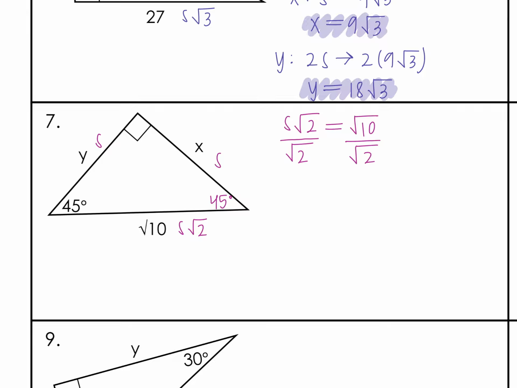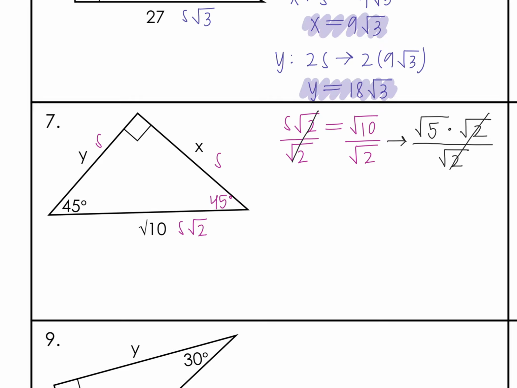Okay, now this is another one where you can rationalize it, or what I'm going to do is break it apart. I've got that root 10, which could be changed into root 5 times root 2 over that square root of 2. And so I'm able to cancel out that square root of 2 on both sides.